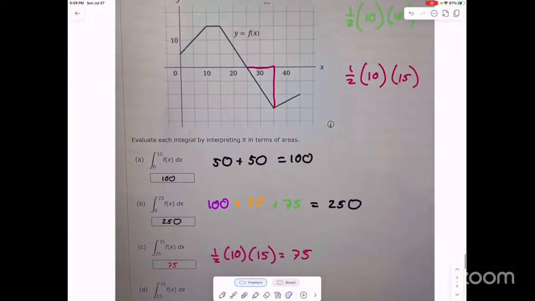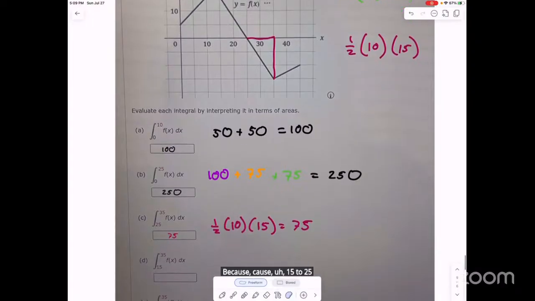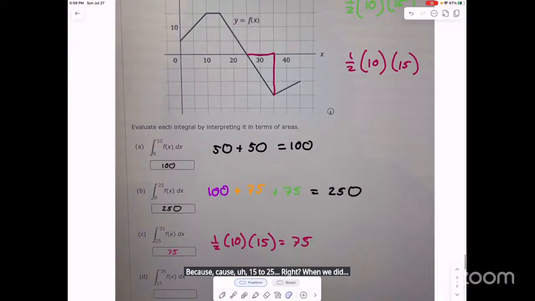15 to 35. Okay. So I think they cancel each other out, right? Because 15 to 25 looks like it's 75, and then 25 to 35 is also 75.